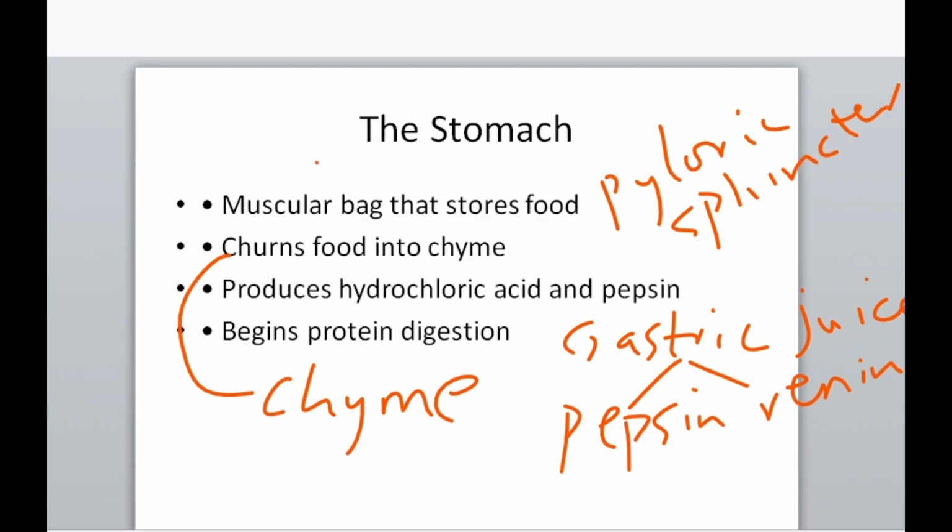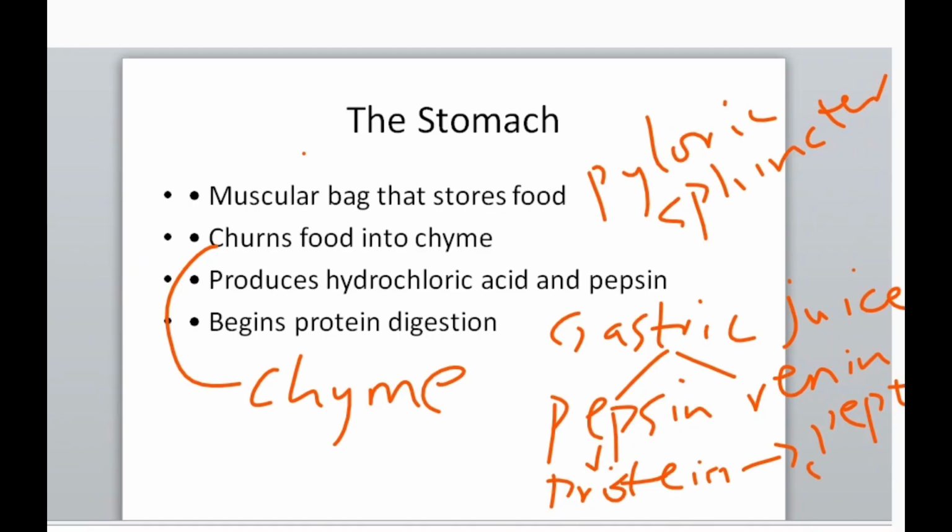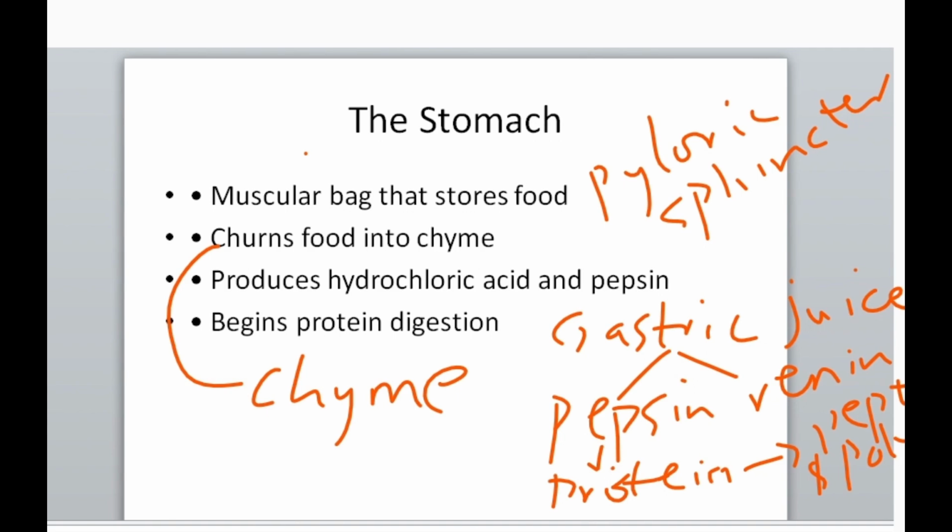The pepsin acts on protein and converts protein to peptones and polypeptides. That's what the pepsin does.